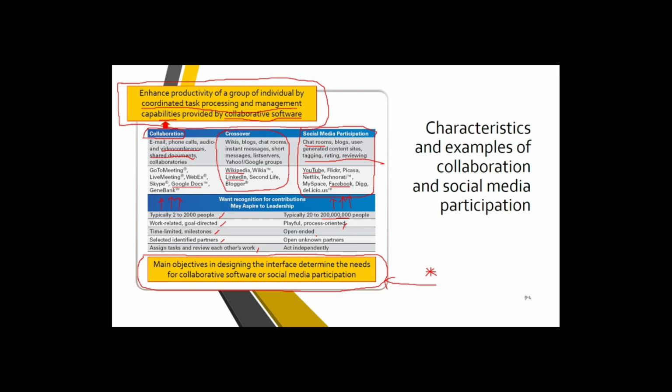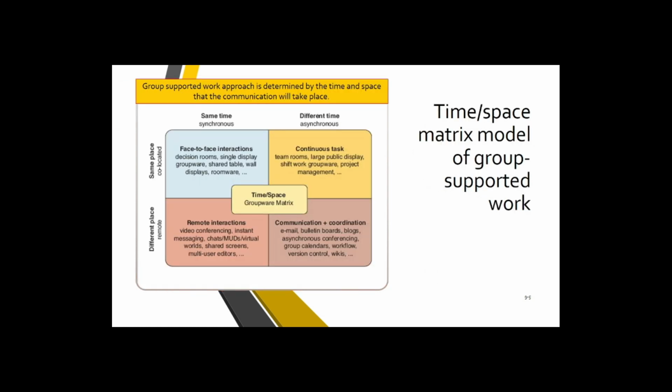There is no time limit, and there are no milestones. It's very open-ended, and as the number of users increases, we cannot assign a specific task to each of the participants.